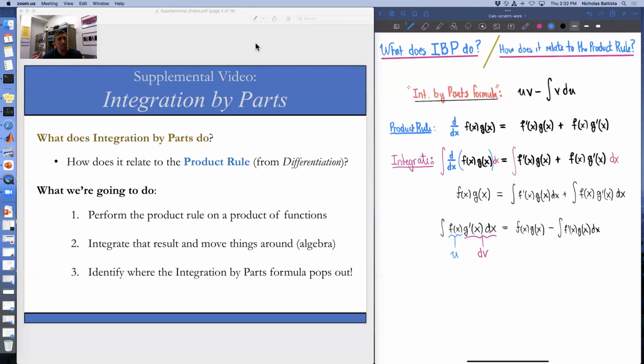So if we just do a quick aside for a moment, what we're going to see is we have u as f of x. du will now be, well, the derivative of f of x will be f prime of x, and we get that dx to go along.